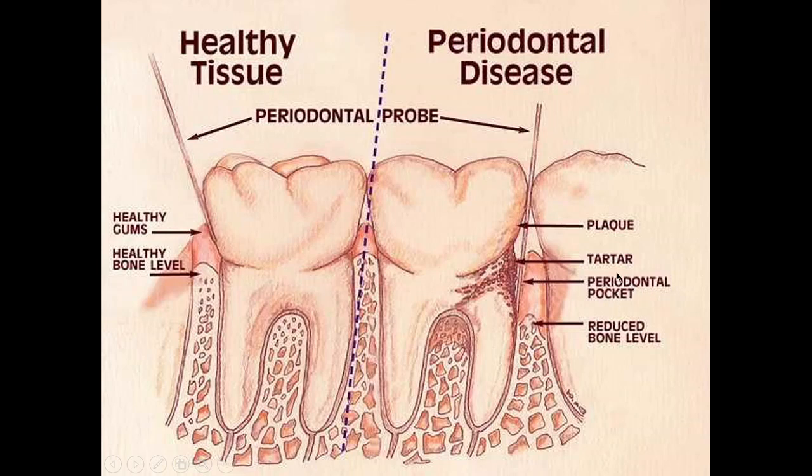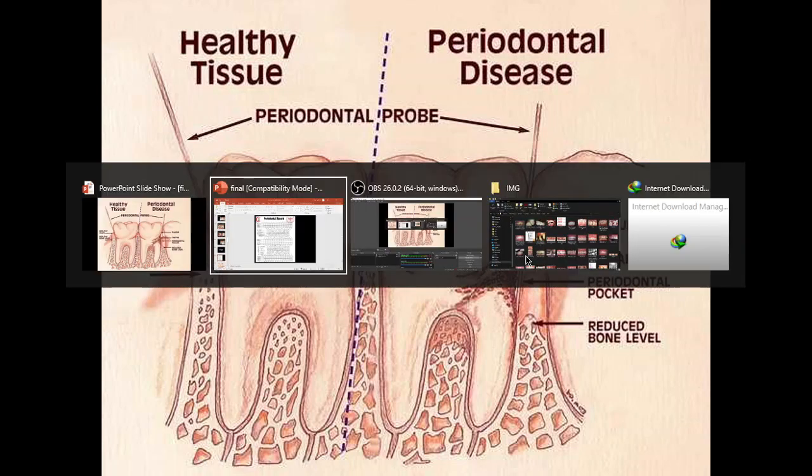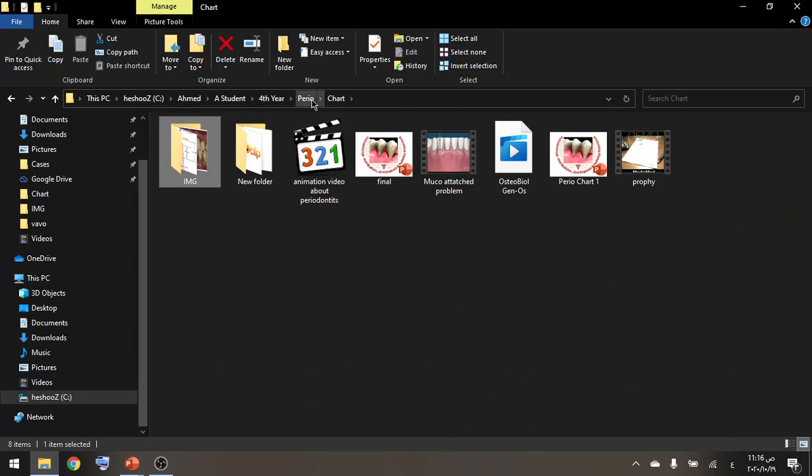So the probe will travel in this periodontal pocket, getting the periodontal pocket depth from here, from the free gingival margin to the base of the pocket, because we have here a periodontal pocket and the breakage of this junction occurs. We will see a video that will treat all of this. Please concentrate.